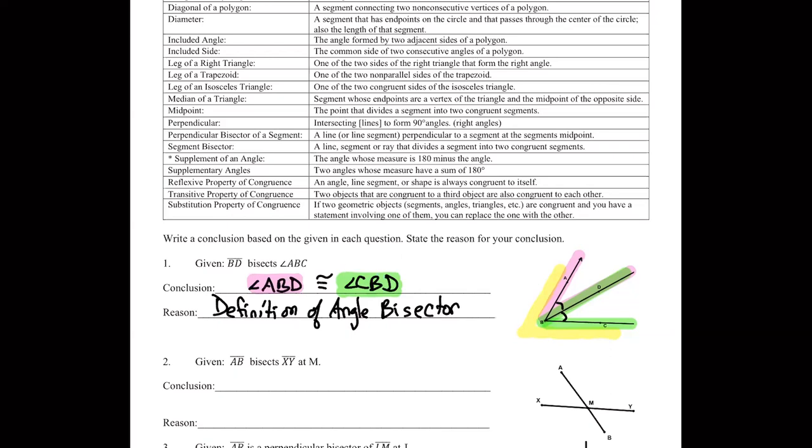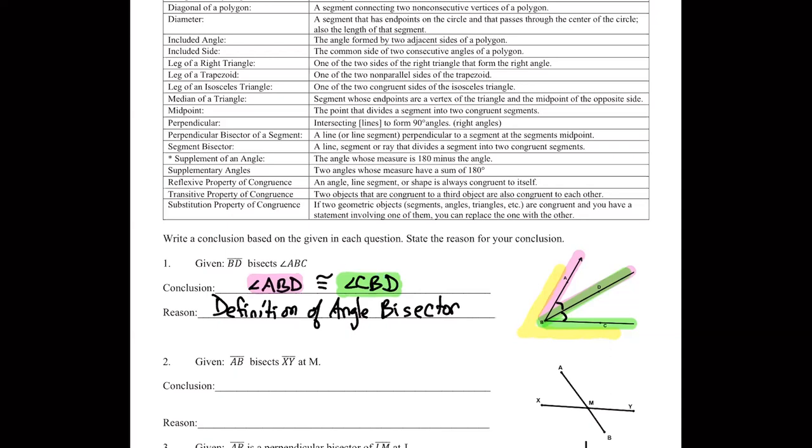It's all in the definition. So there are some things that we'll rely on as being the basis of logic and geometric proof. Right? So for number 1, that's all we could do. I mean, there are other statements that we can make, but the main conclusion I would draw would be that ABD and CBD are congruent to one another.